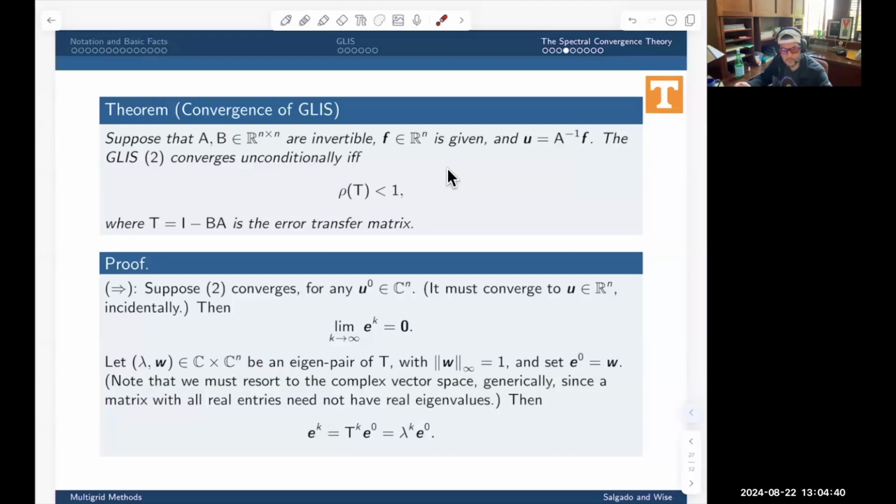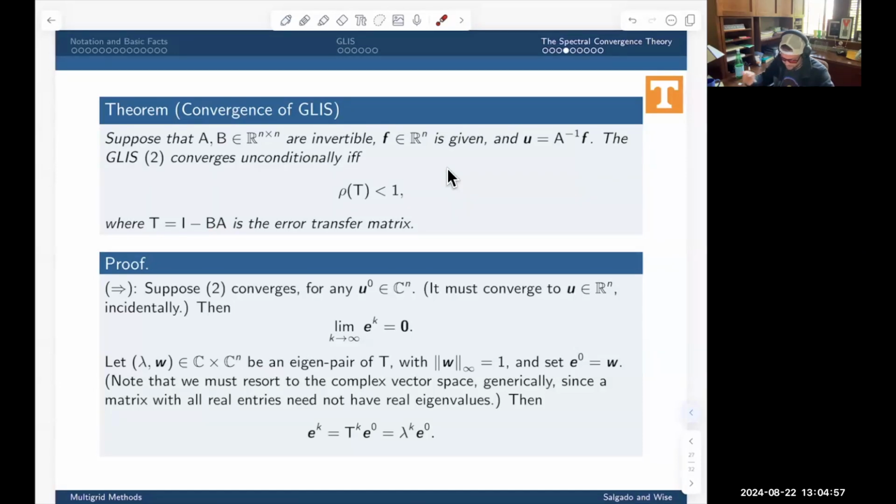So you probably remember this from Math 571 or your numerical analysis course as an undergraduate or whenever you took it. Of course, the error transfer matrix is defined in the usual way, I minus BA.